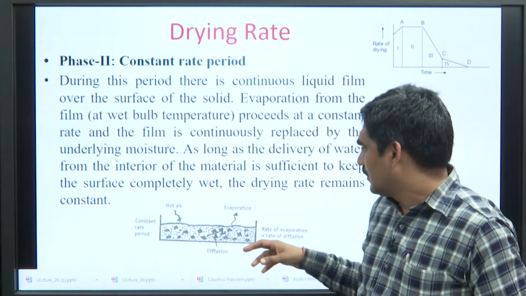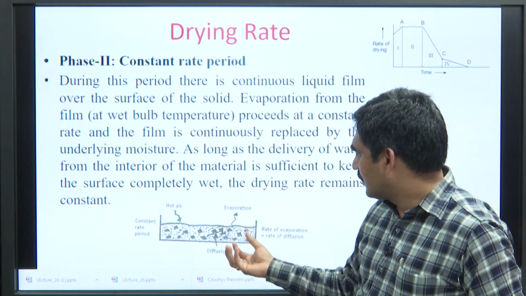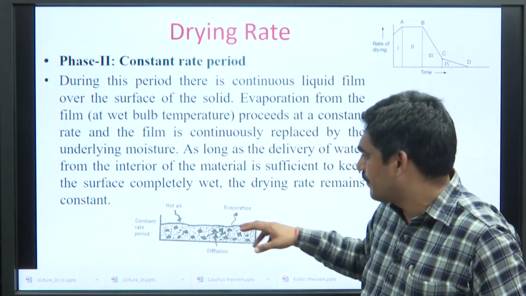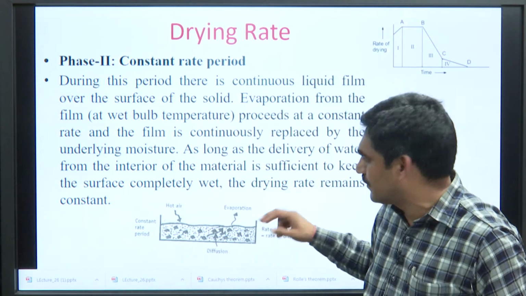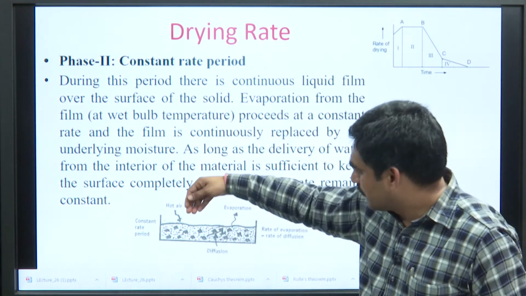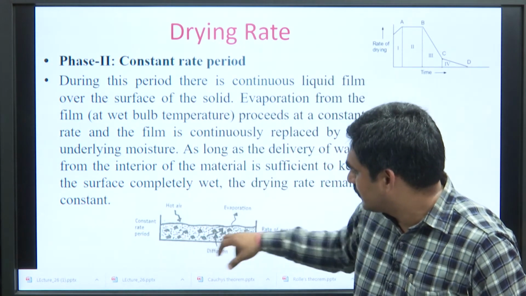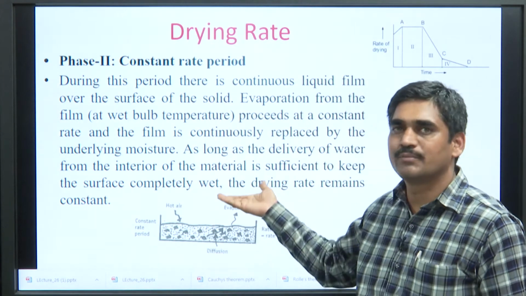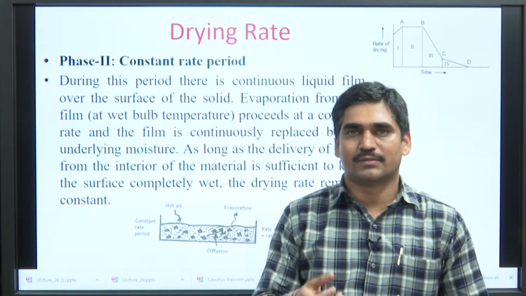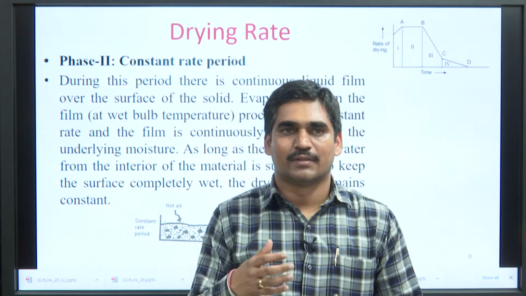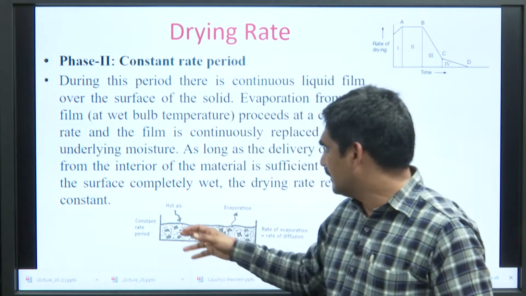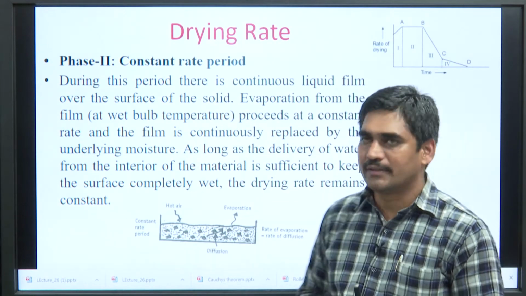That means the liquid which is present on the surface of this solid gets evaporated. So, from the inside of this slurry, liquid again comes to the surface and replaces the liquid which is evaporated from the surface, replaced by the liquid present in the inner part of this material.